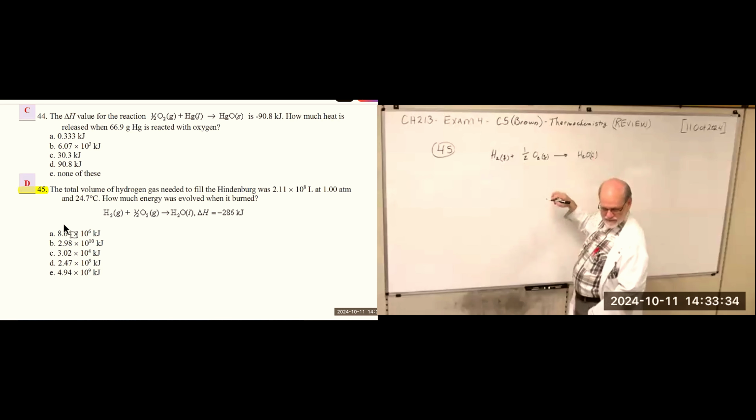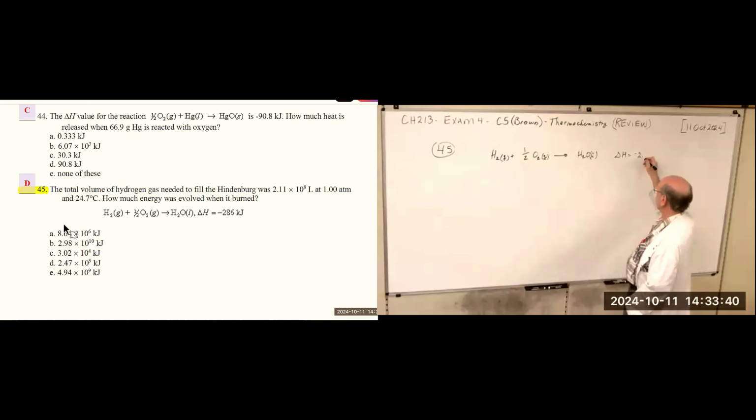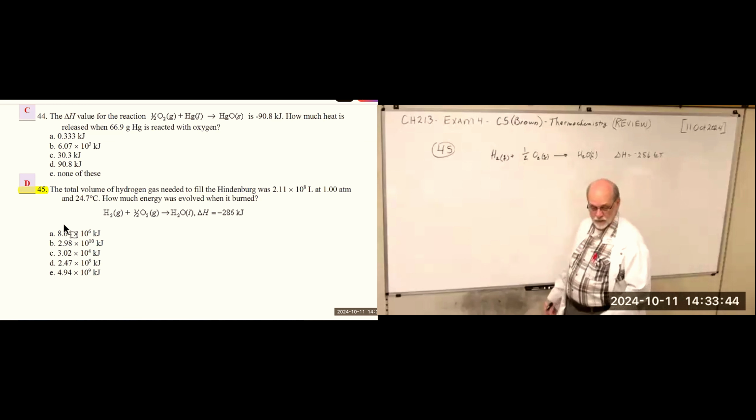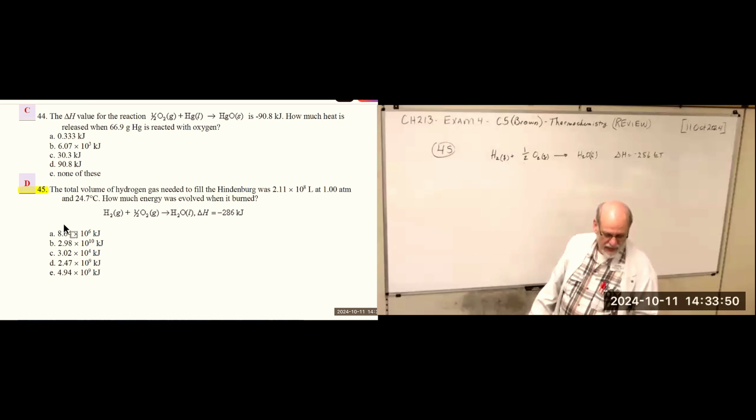Okay. And delta H equals negative 286 kilojoules.